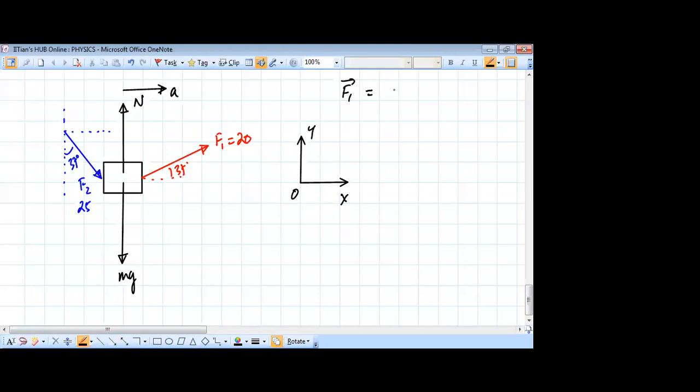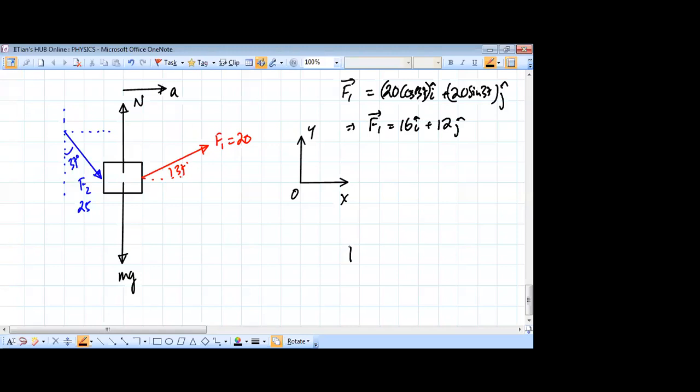So F1 how much will it become? It will be 20 cos 37 i cap plus 20 sin 37 j cap. So F1 will be 16 i cap plus 12 j cap.